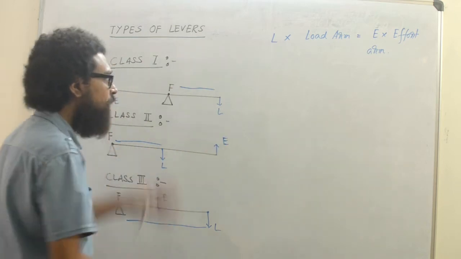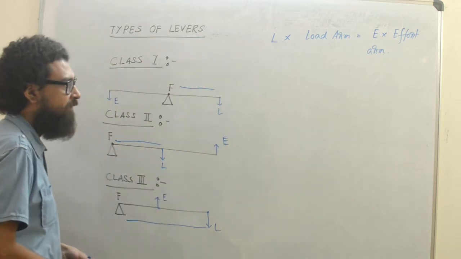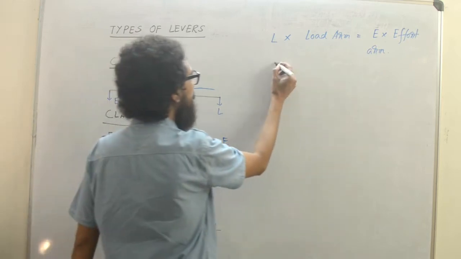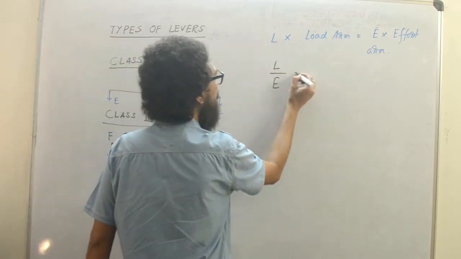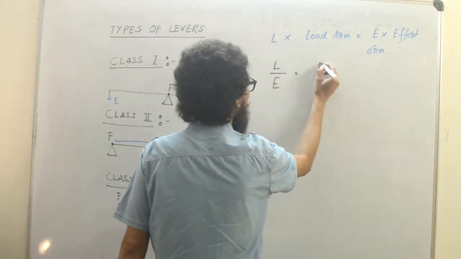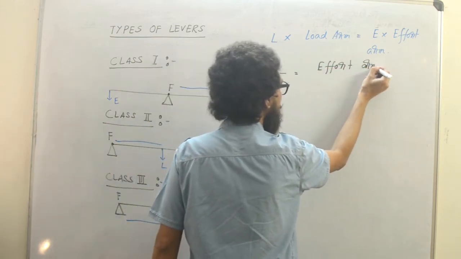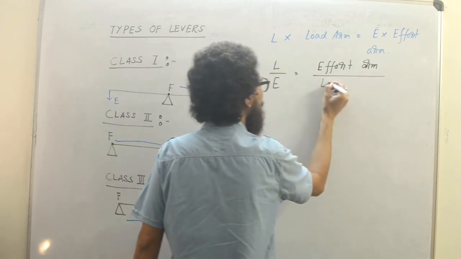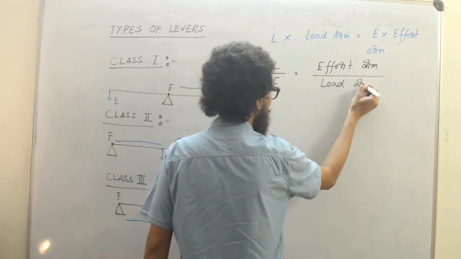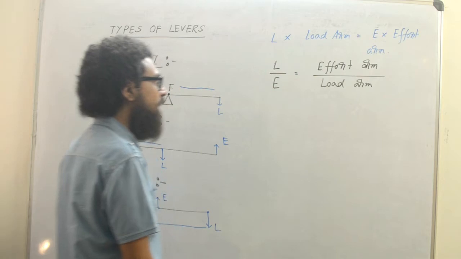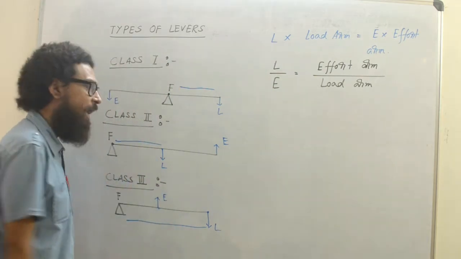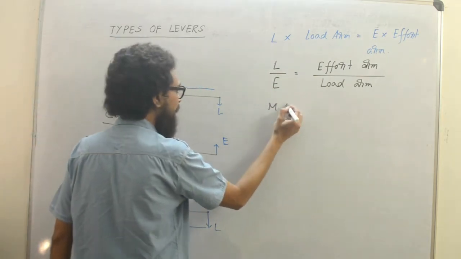So, load into load arm equals effort into effort arm. So load by effort is equal to effort arm by load arm. And by this time, you know load by effort is MA, mechanical advantage.